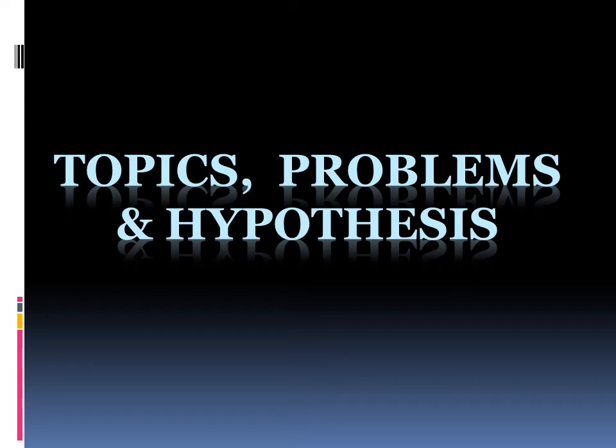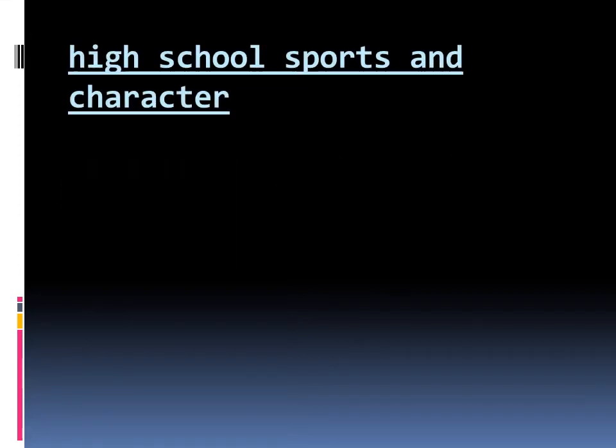Let us look at some examples. For each topic, a research question is provided. It is followed by three forms of hypothesis: the null, alternative, and if-then form. The first topic is high school sports and character.